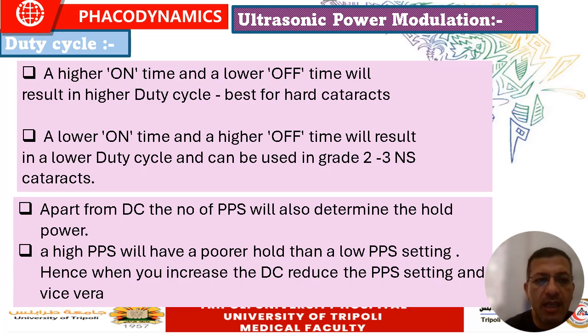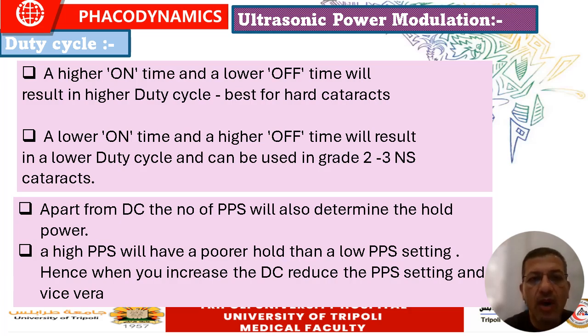Now, for good cutting power, as I said before, we will increase the duty cycle. If you increase the on time in the duty cycle, this means that you increase the duty cycle, and hence you increase the cutting power or the emulsification power of your phaco needle. But the problem is that once you increase the duty cycle to more than 50%, this will decrease the off time.